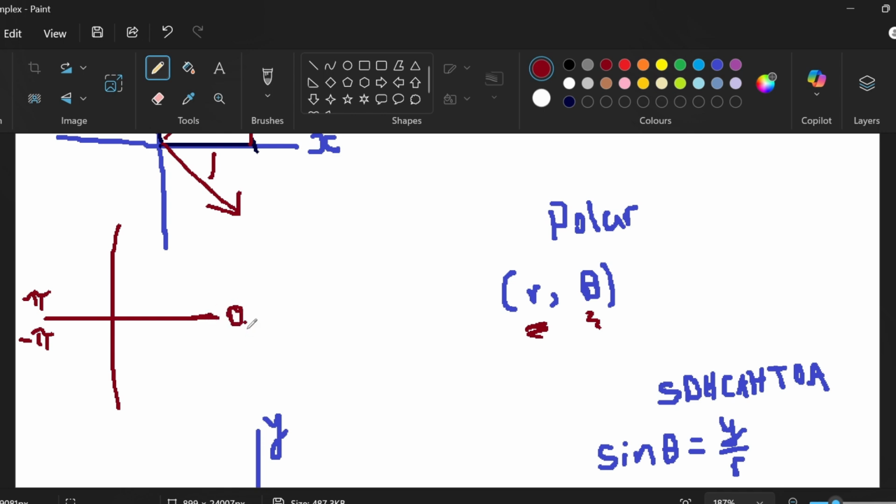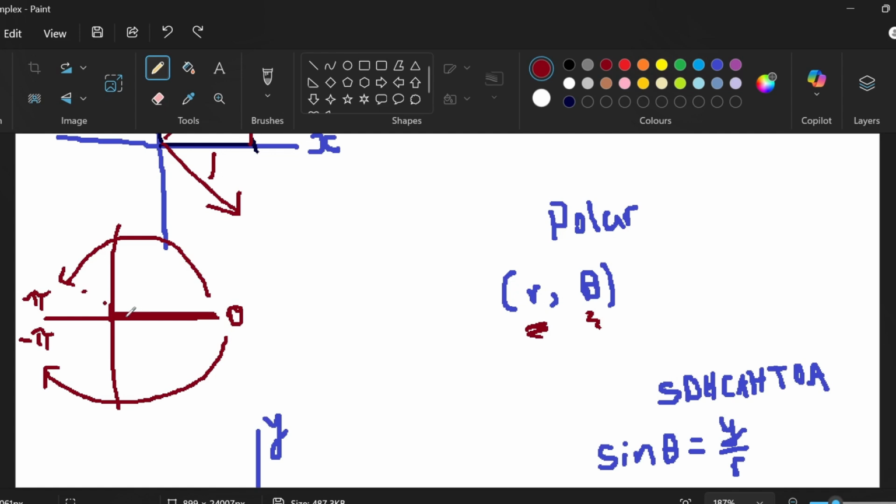There's an easy way to remember this, which is to always take the angle from the positive x-axis when you're getting polar coordinates for a complex number.